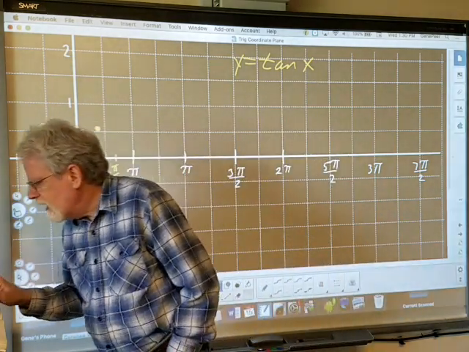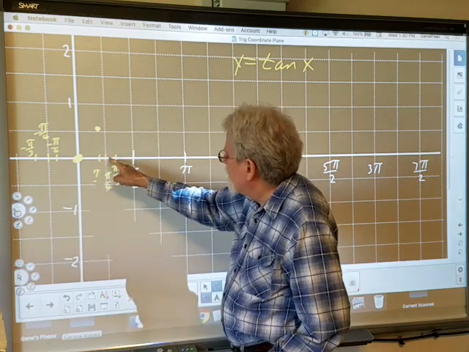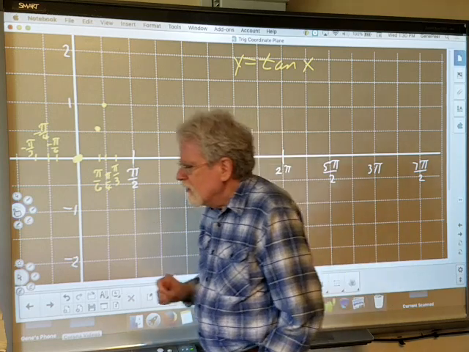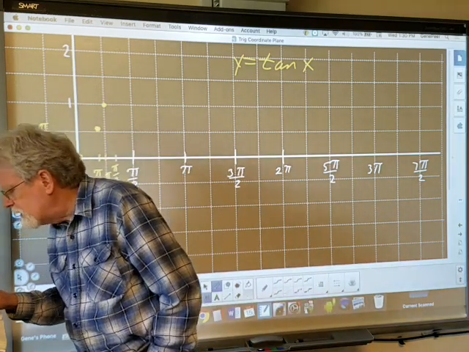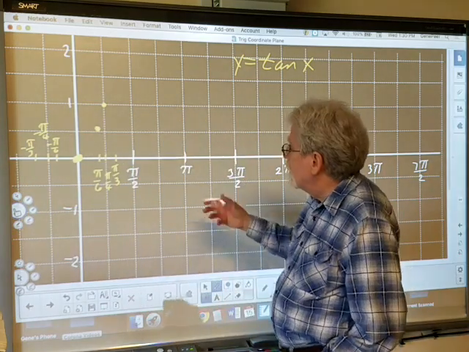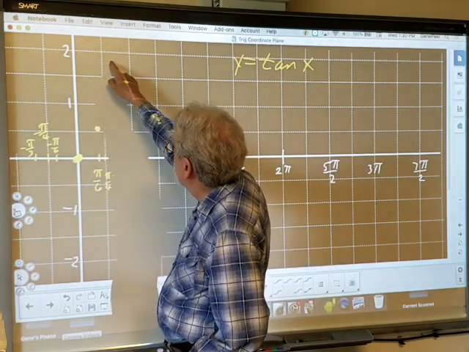The tangent of pi over 4, we could figure out, is 1. The tangent of pi over 3, as we just saw, is the square root of 3, about 1.73. It's up here someplace.